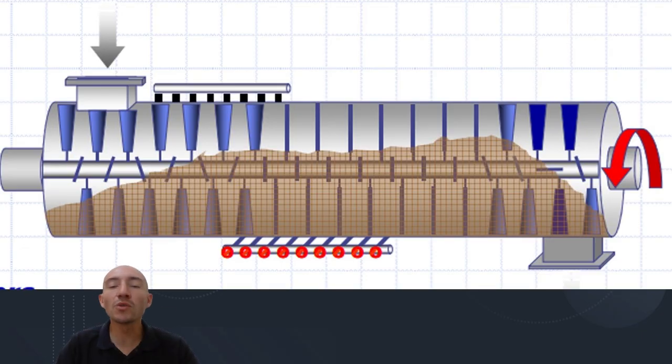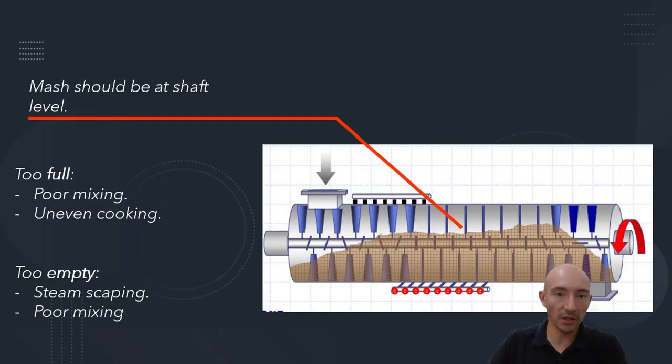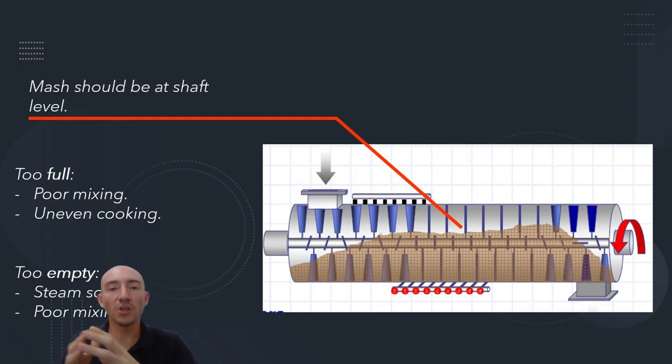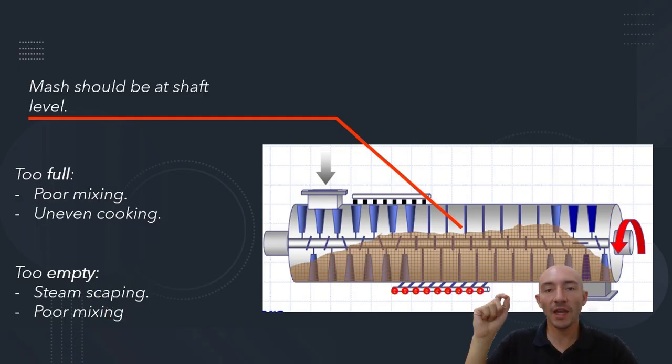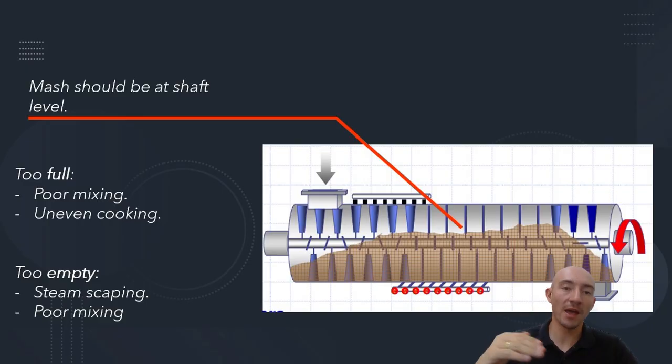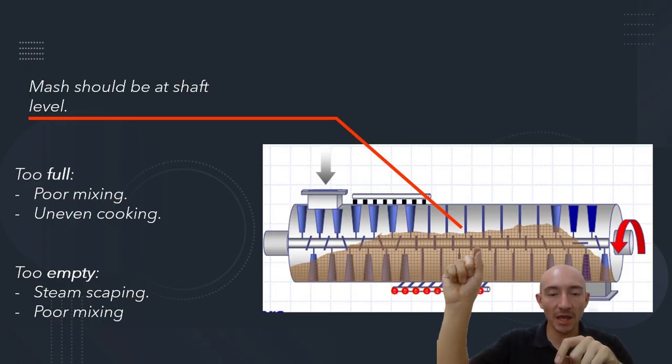All right, but how do I measure that? There's a way to measure that, but your supplier already knows that. And the conditioner is designed for that. What we need to guarantee, therefore, is that we have the right level inside the conditioner. Because if the conditioner is too empty, what's going to happen is that you're going to have steam that will escape from the conditioner, right?